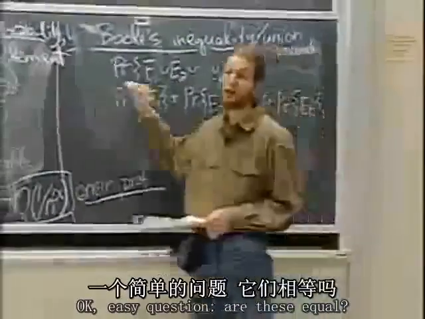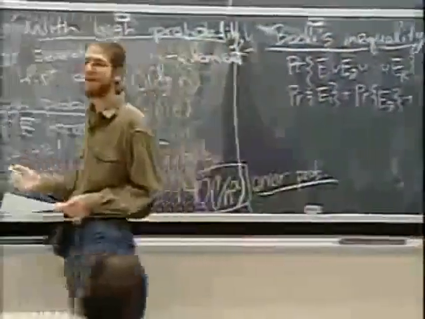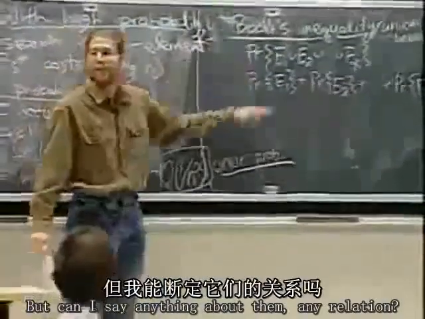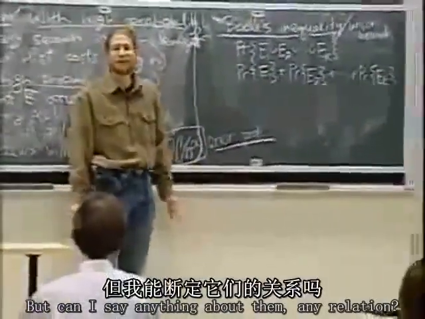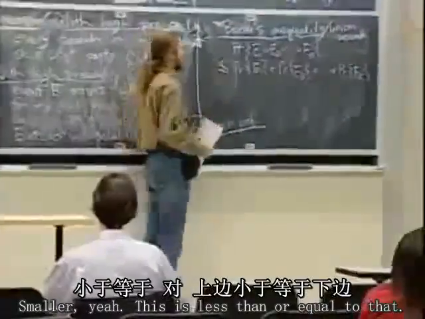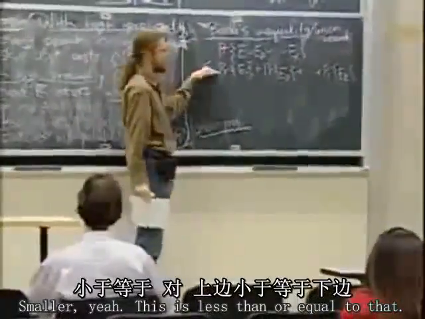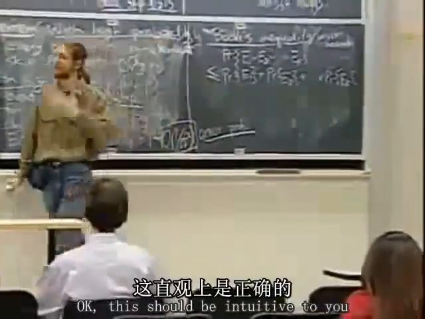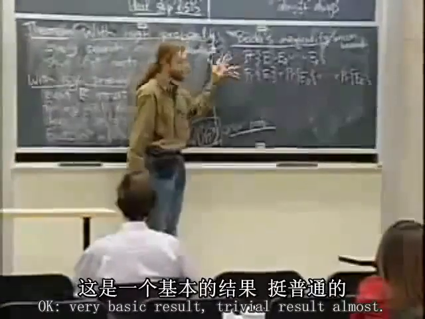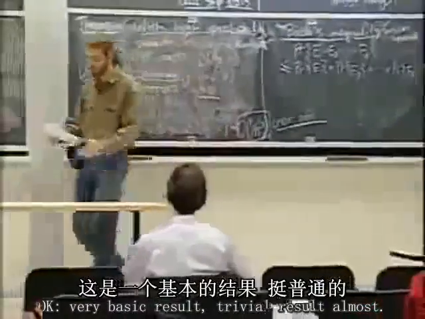Are these equal? No, unless they're independent. But can I say anything about them? Any relation? Smaller. Yeah. This is less than or equal to that. Okay, this should be intuitive to you from a probability point of view. You can look at the textbook. Okay, very basic result. Trivial result almost.